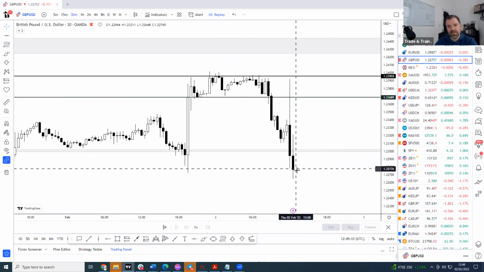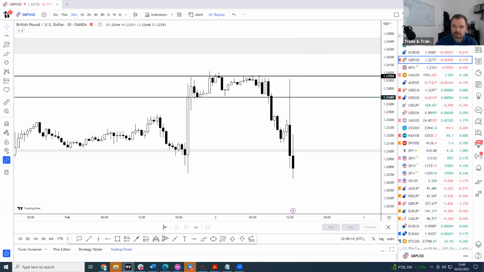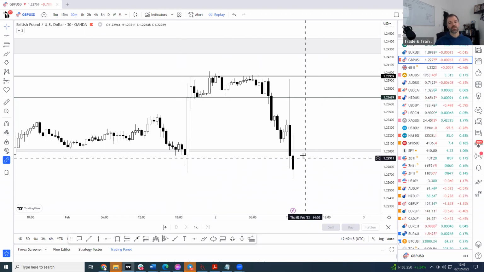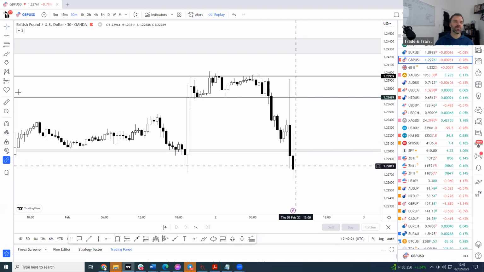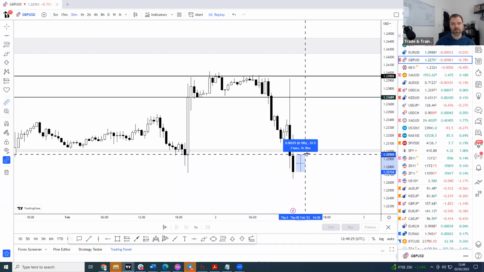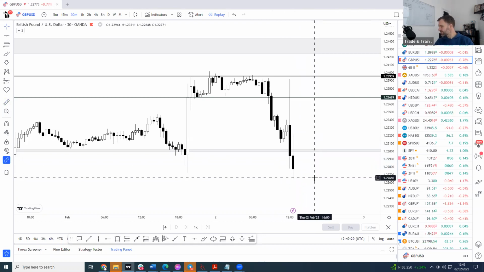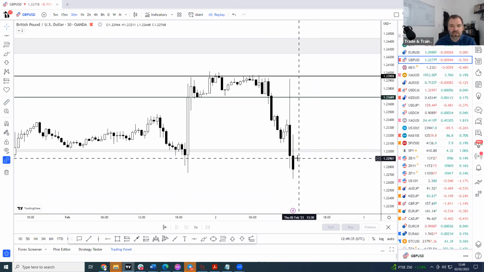So as long as this closes like it is now, it's anywhere down here, what have we got? How long have we got left? 11 minutes. Then we can look for price to run back up into this area. The downside is, let's see how far away price currently is. 25 points. Probably not do anything with something so far away.